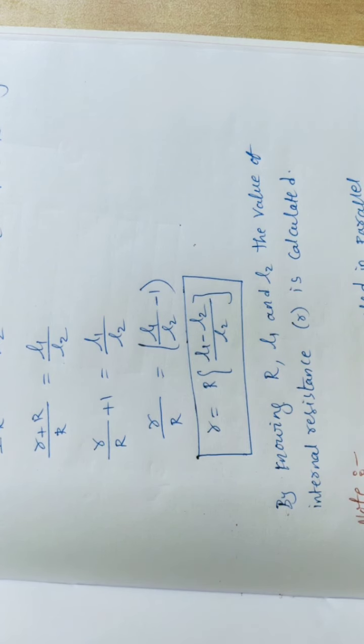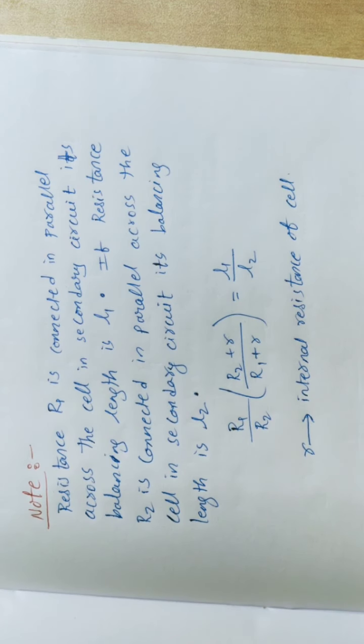Now one more application we will think about. See students, for finding internal resistance we introduce one resistance box in the secondary circuit. For example, first I introduce one resistance R1, and using R1 we find the balancing length L1.